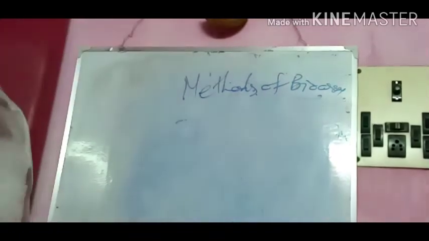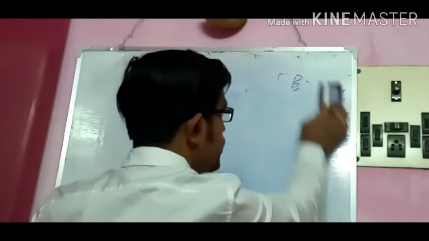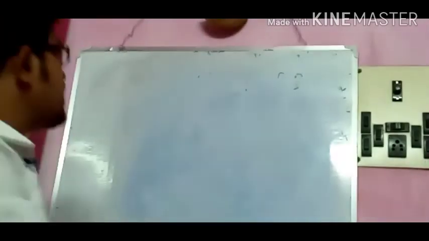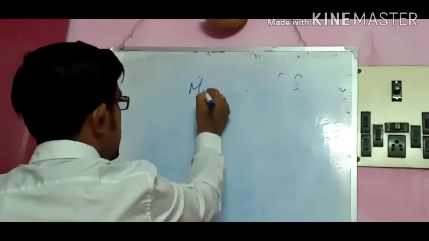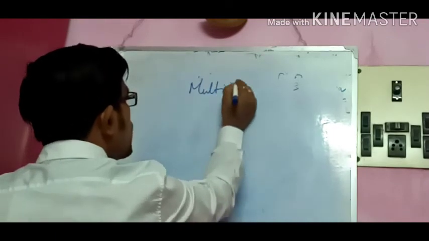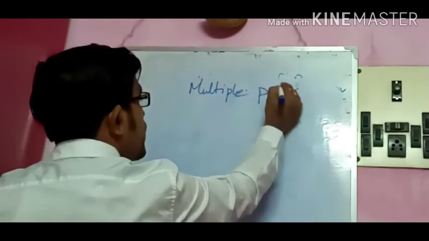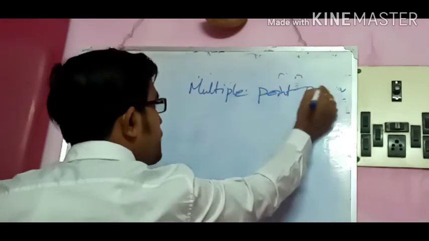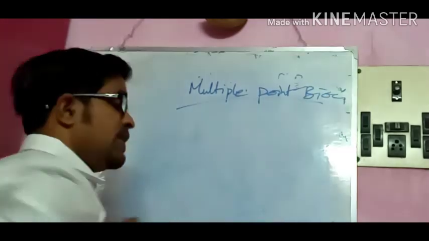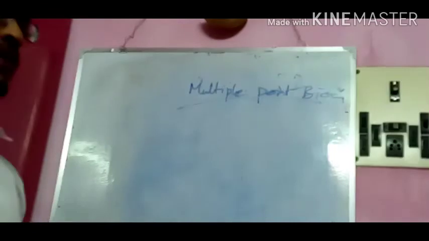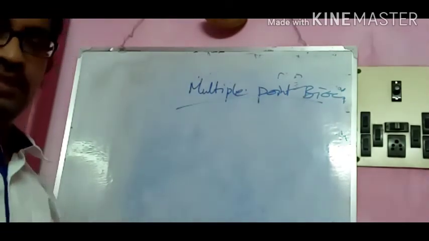The next one we are going to find out is most important, and nowadays we follow this method very much. That is called multiple point bioassay. The name itself tells you multiple points are there.